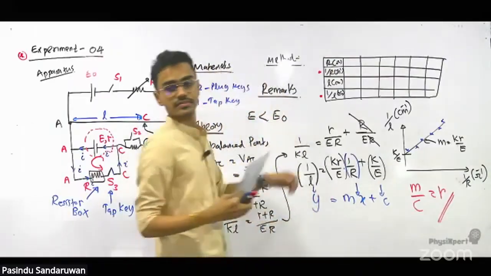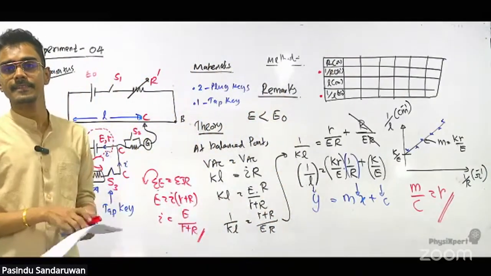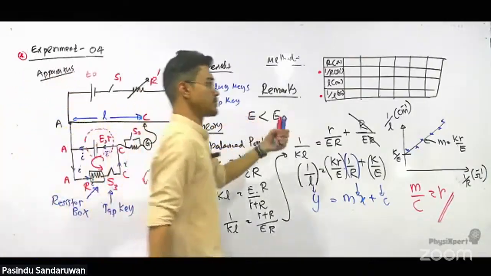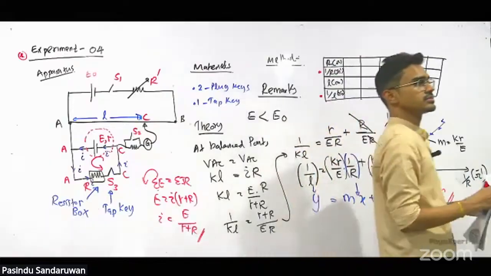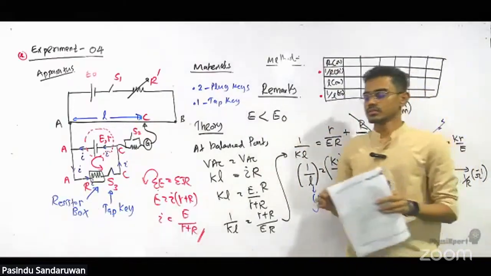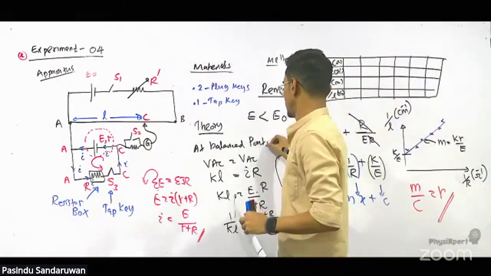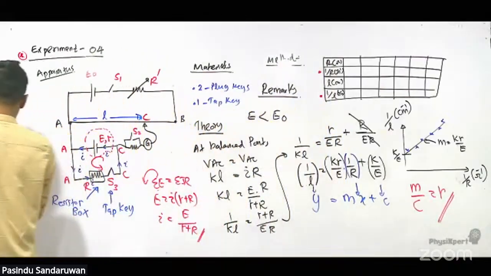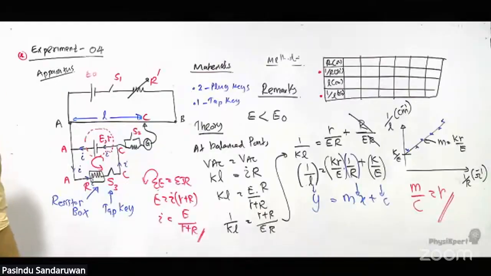What did I say? E should be less than E naught to get a balance point.